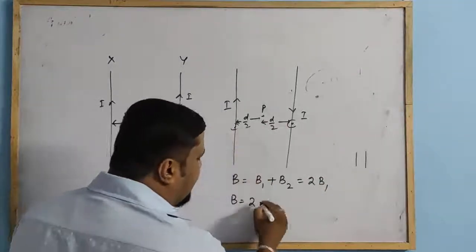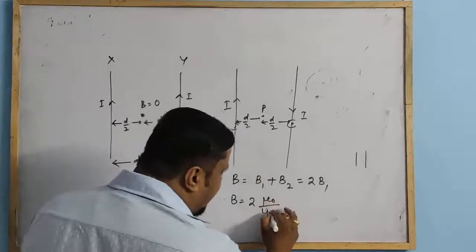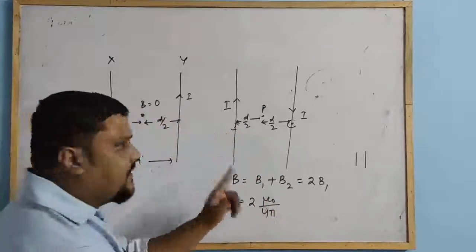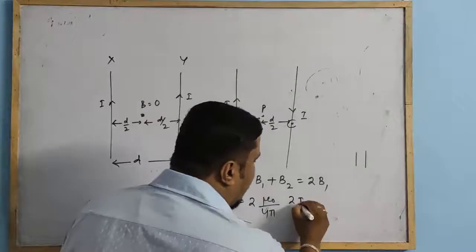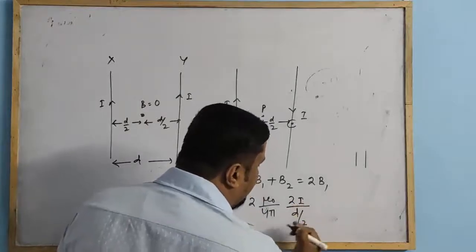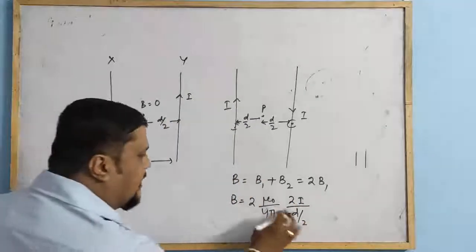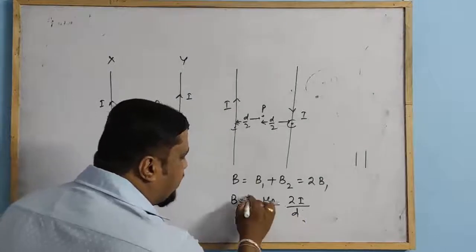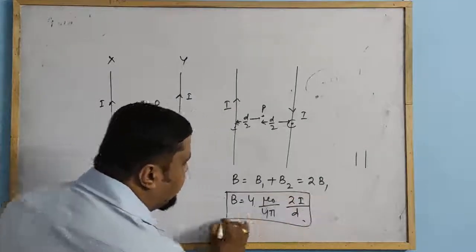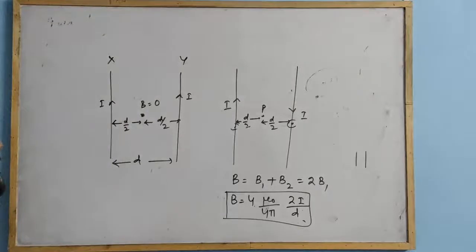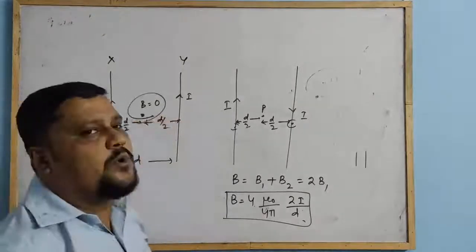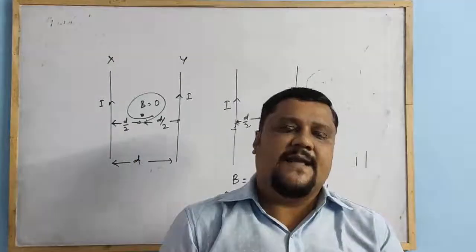For one, you can calculate, for infinite current I, mu naught by 4 pi, 2I by d by 2. So this 2 multiplied here, we will get 4 times mu naught by 4 pi, 2I by d. But in the earlier case we get 0. That is a 1 mark question, magnetic field at a point.